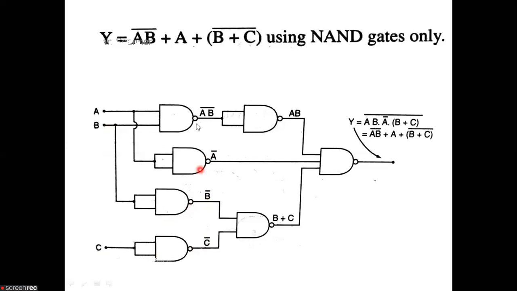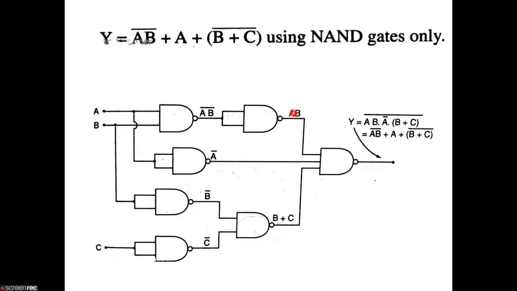So next, coming to here, A dot B bar is going as 2 inputs to one NAND gate. So this is A dot B. The output is A dot B, as this one bar will be going out because this is the NAND gate. Already there is a formula that A double bar will be equal to A. So here the output will be AB double bar, whole double bar.